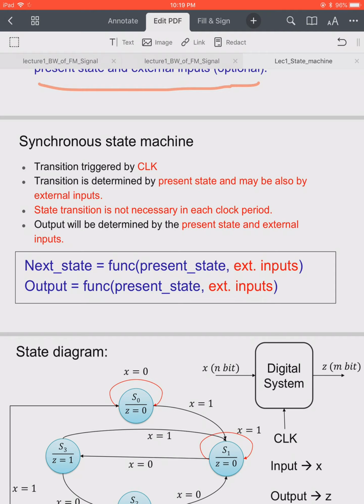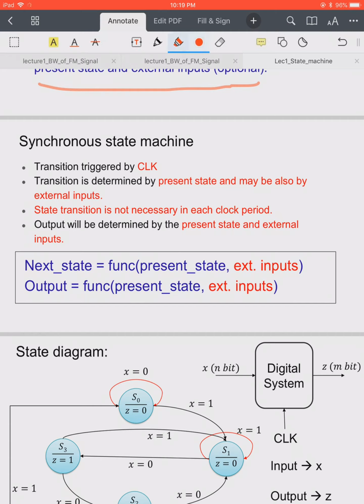And the output will be determined by the present state and external inputs, right? So this equation is very important. The next state will be a function of the present state and external inputs, but the external inputs are again optional, because we are defining the state machine in general. There may or may not be external inputs.